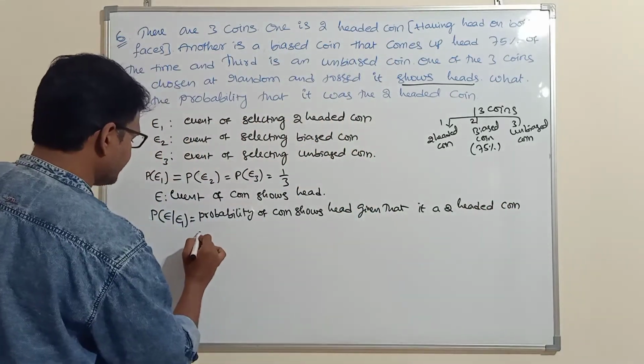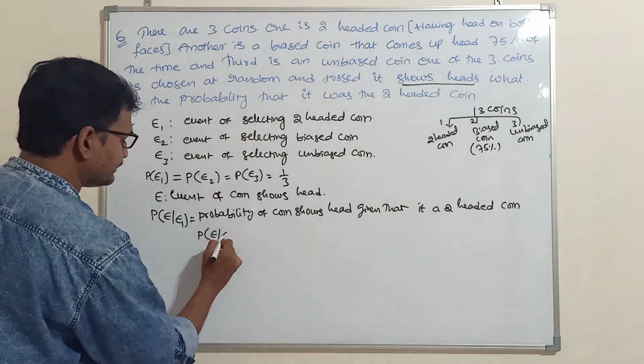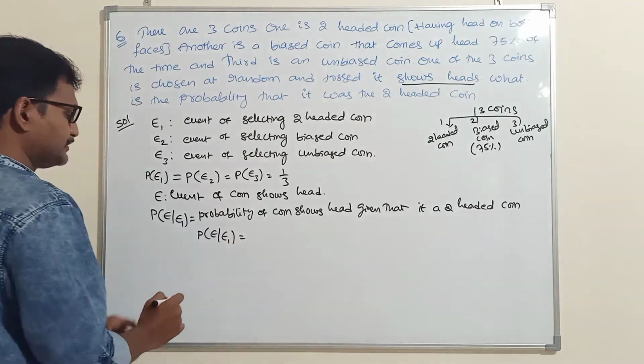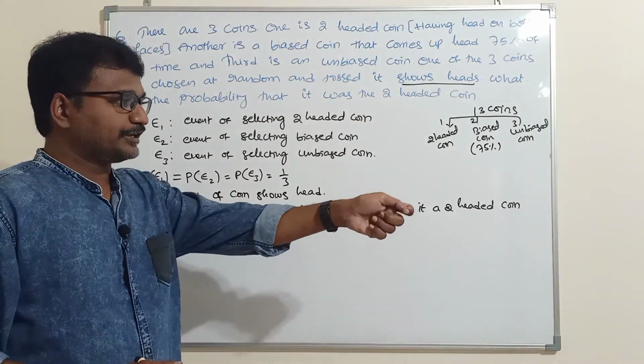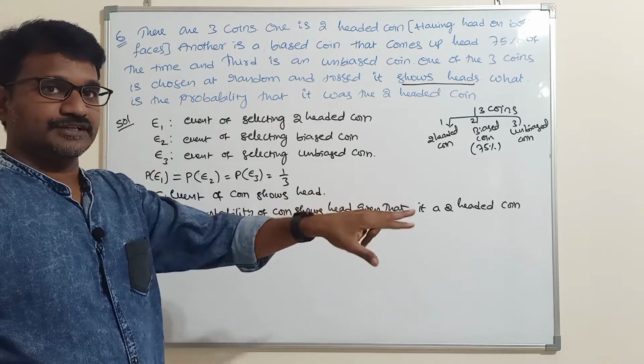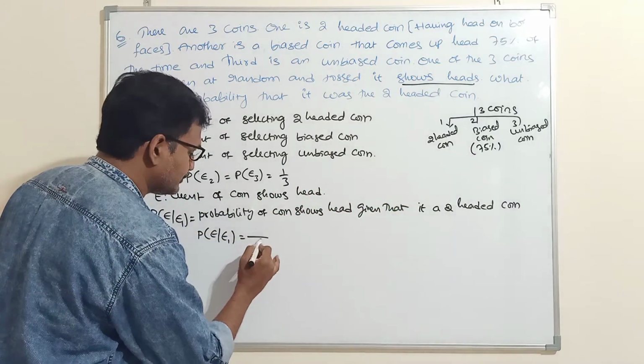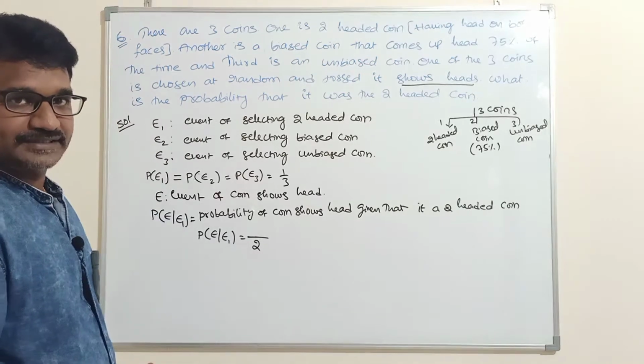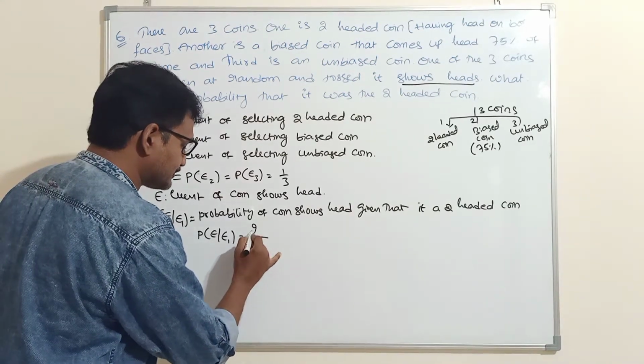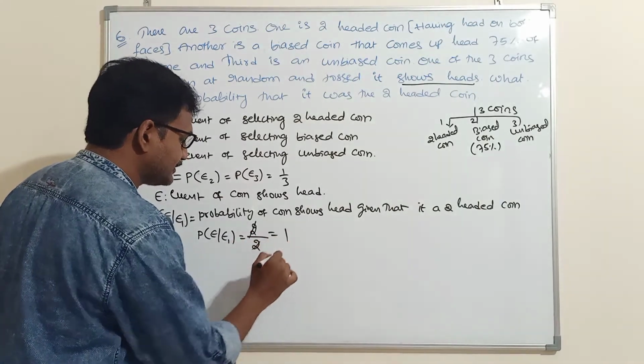So when a two-headed coin is tossed, both sides have head only. Out of 2, how many chances are there to get head? 2 chances. So that's why it is 2 by 2. That means it is 1.